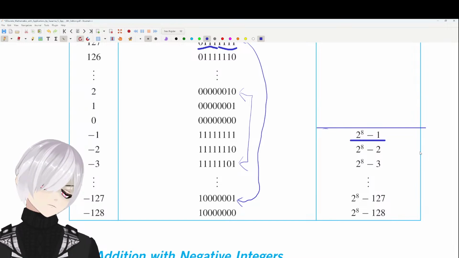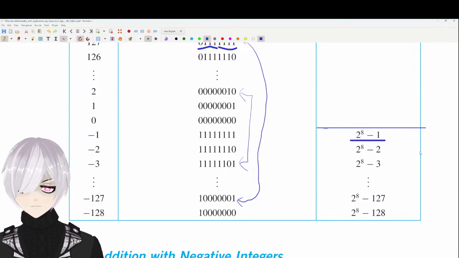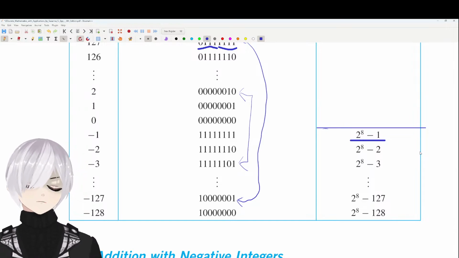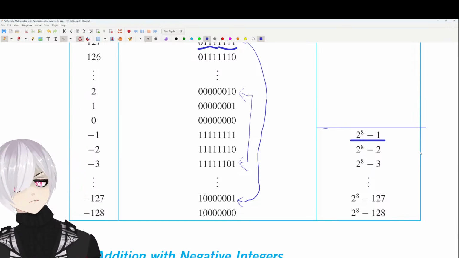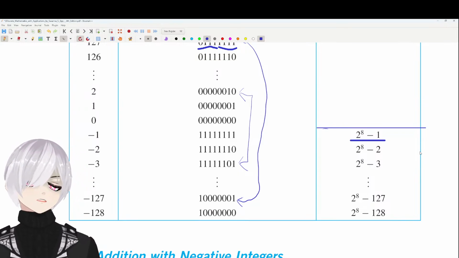The absolute value of -1 is 1, the absolute value of -2 is 2. So you take the two's complement of that absolute value. What's the procedure of finding the absolute value of a negative number? You just change the negative to a positive. I mean, in terms of the binary representation.